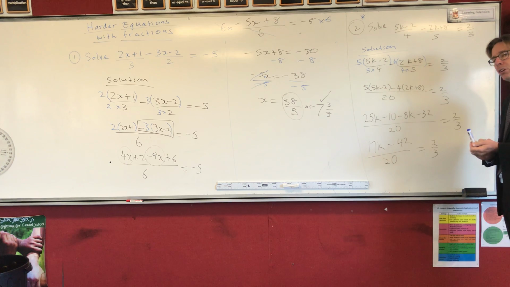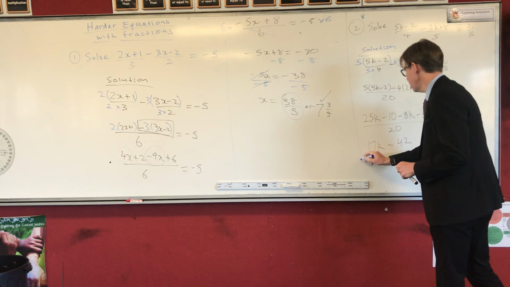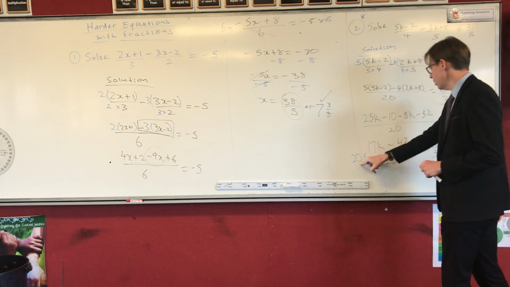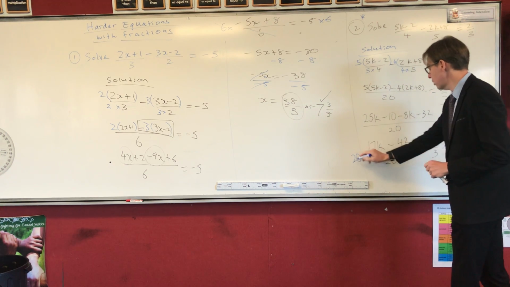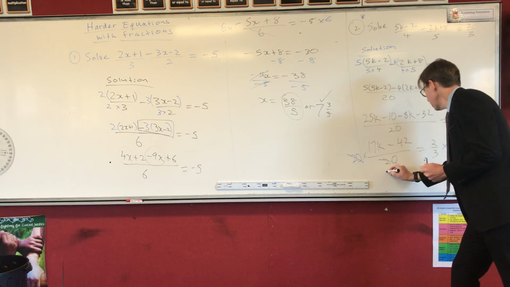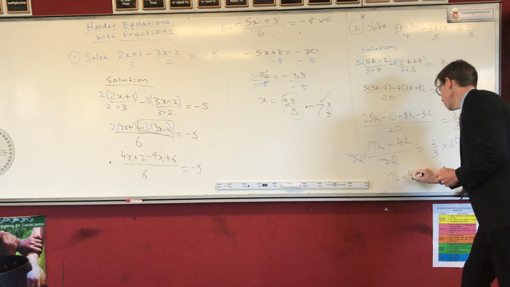Okay, I want to get rid of my denominator, so I'm going to multiply both sides by the denominator. Make sure when you do this, you put this in line with the numerator, so you cancel numerator with denominator. Okay, that gives me 17k minus 42.